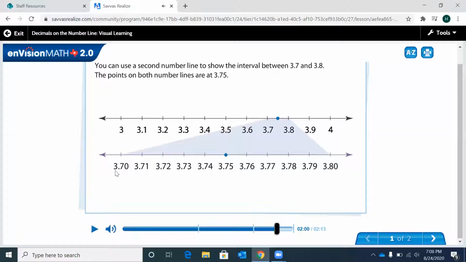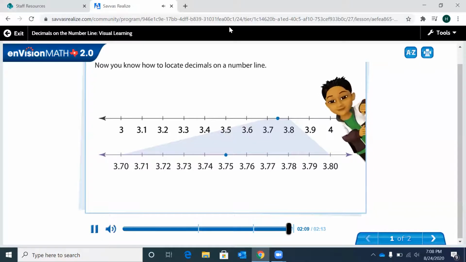So do you see here how we have 3 7/10, and this looks like 70. And here we have 3 8/10, and this looks like 80. And you see how 75, or 3 75/100, is right in between there. So it's just counting. Remember, math follows those patterns. The points on both number lines are at 3 75/100. Now you know how to locate decimals on a number line.